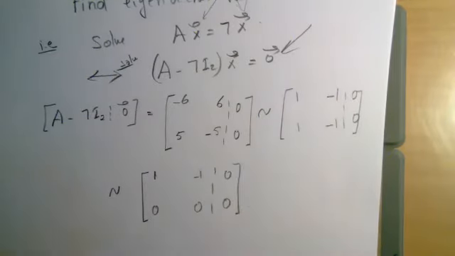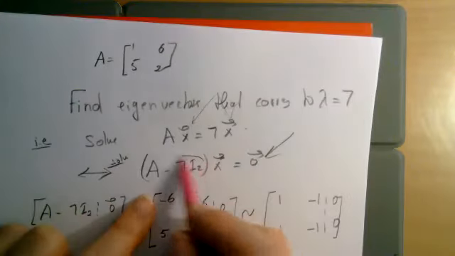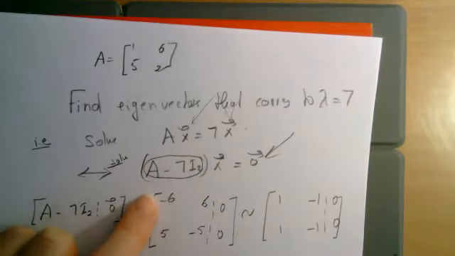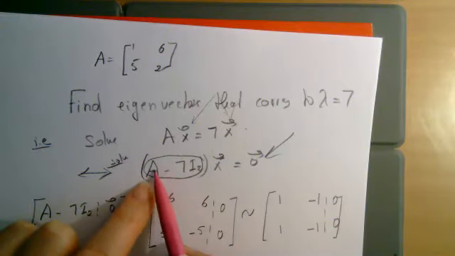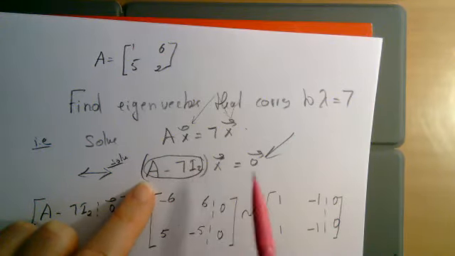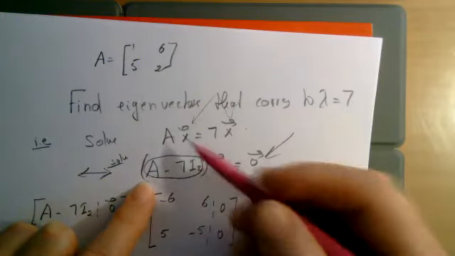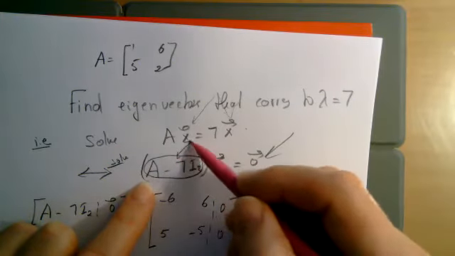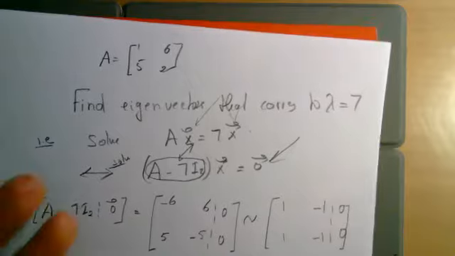We have to have a free variable. This is really because the determinant of this matrix is 0, which means that the system A minus 7I times X has to have a non-zero solution. But those two rows are basically a rewriting of each other. So those are the same.